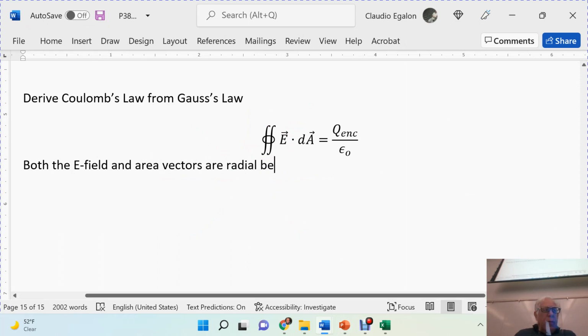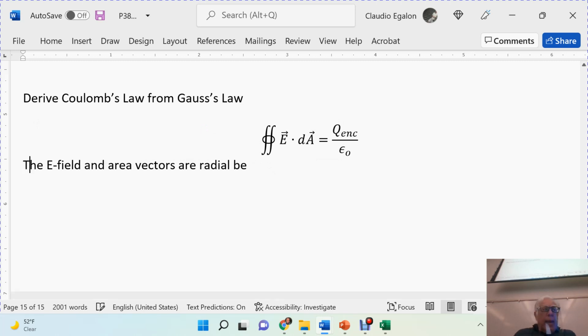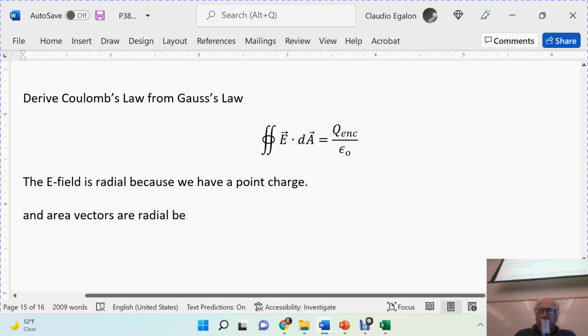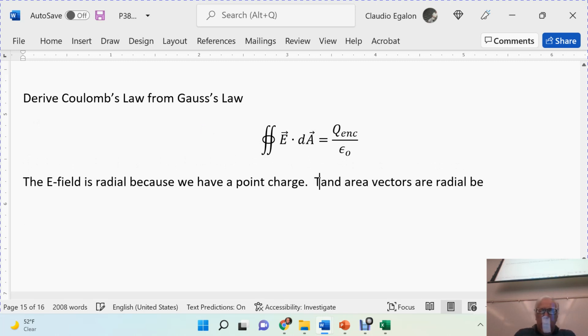The E field is radial because we have a point charge. The area vector is also radial.